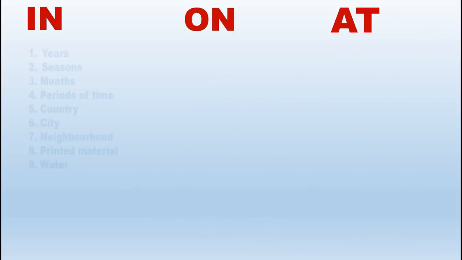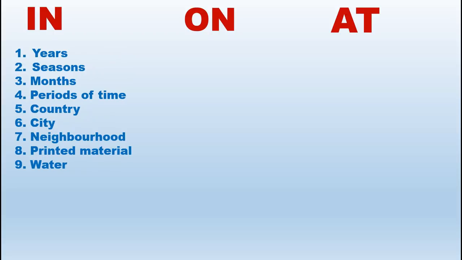Dijimos que la preposición in la vamos a utilizar cuando nos estemos refiriendo a algo relacionado con estos conceptos: years, seasons, months, periods of time, country, city, neighborhood, printed material, water.